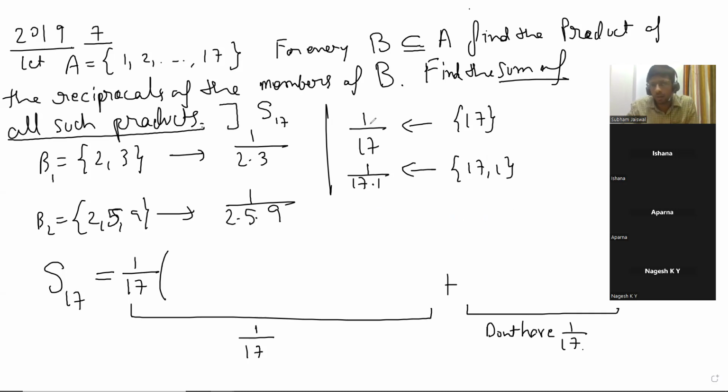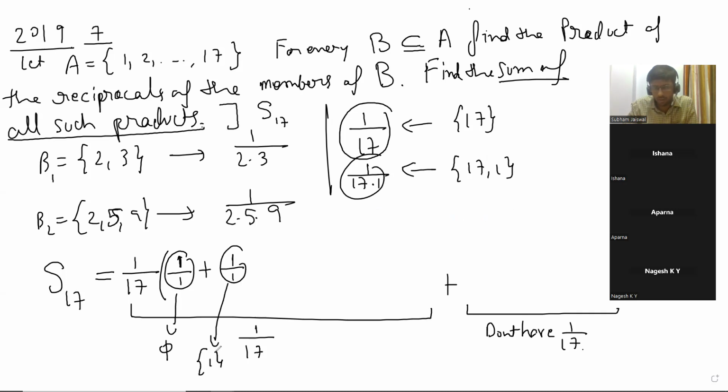Now when we take out this 1 by 17, the 1 by 1 that we get corresponds to the subset 5. And this, when we take out 1 by 17, corresponds to the subset 1. But we are not actually overcounting, because we have to count it anyways. Yes. Okay, that is in the definition.